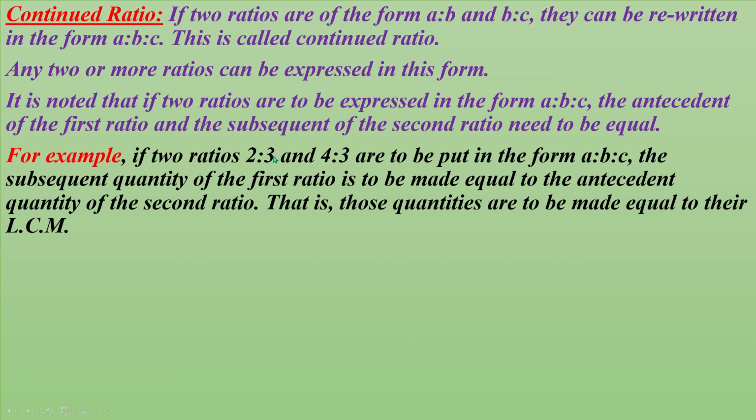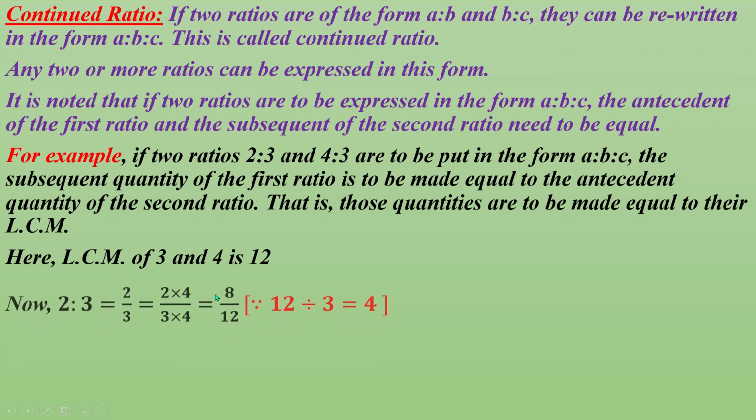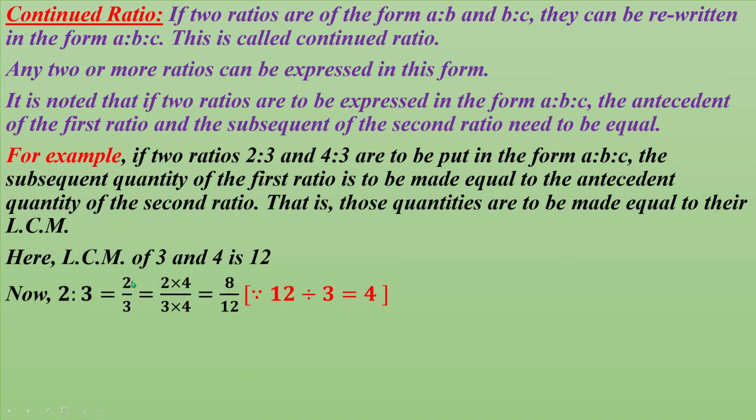So for making this and this equal, at first we have to find the LCM of 3 and 4, which is 12. So this will be 12, also this will be 12. Now, 2 is to 3 equals 2 by 3, equals 2 into 4 divided by 3 into 4.